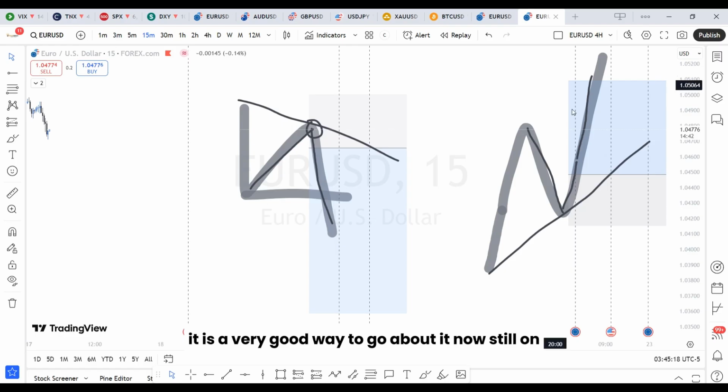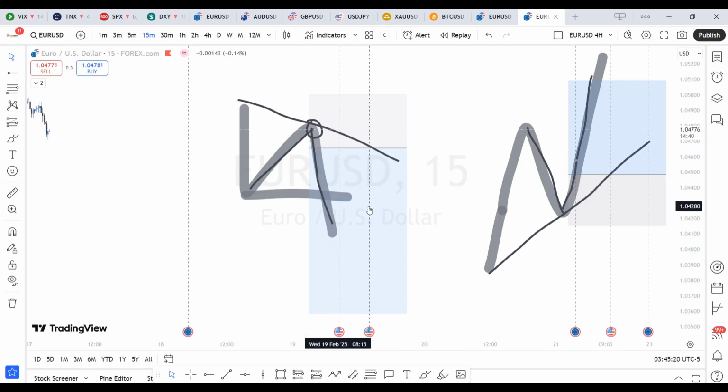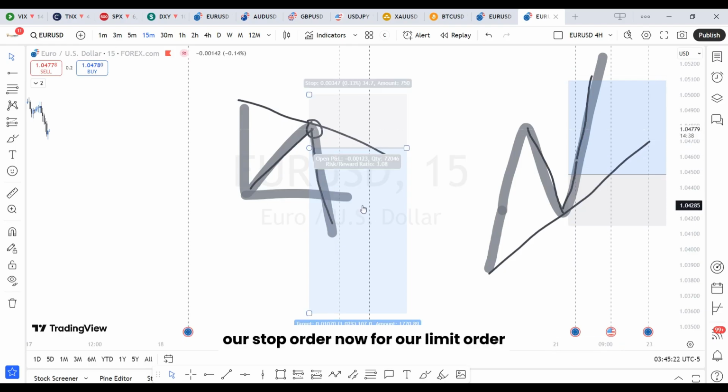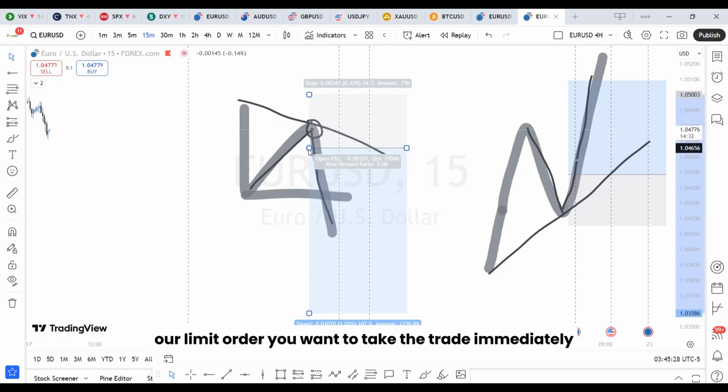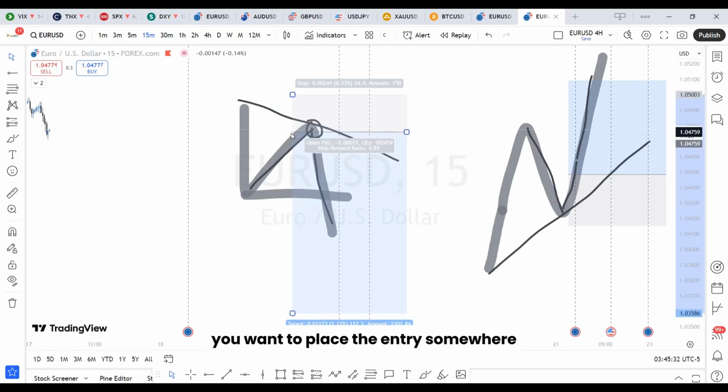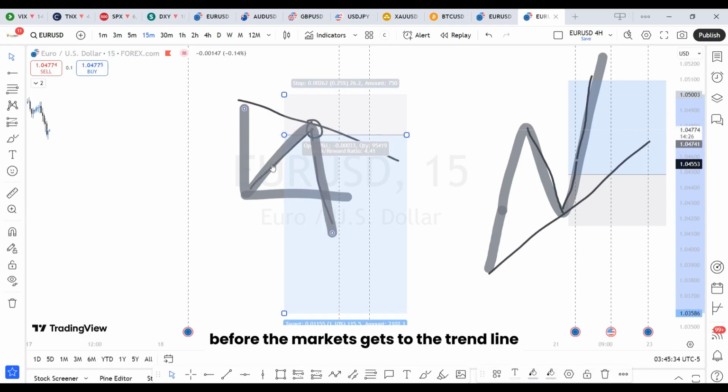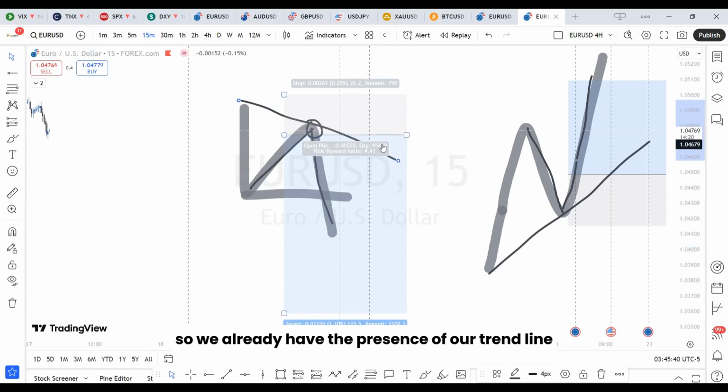Now, still on our stop order. Now, for our limit order, you want to take the trade immediately. You want to place the entry somewhere before the market gets to the trend line. So we already have the presence of our trend line.